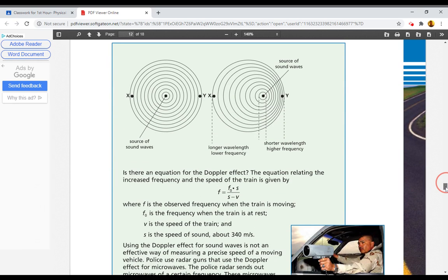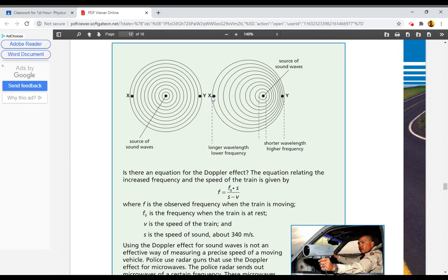So let's examine this chart for a little bit. Here's the source of the sound wave. So if you're sitting in your car driving, this is where you are right now. But then there's a person standing here, a person standing here. Again, that would be the source, so the engine, the tires, the moving parts.